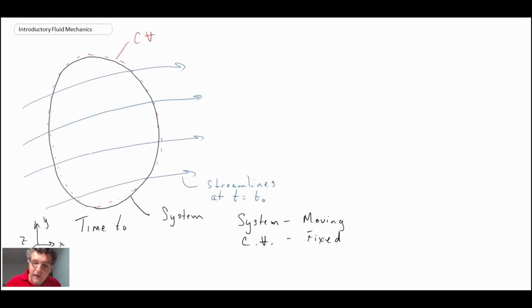Now we're going to redraw this at a later point in time, time t0 plus delta t. We want to see what has happened to the system and the control volume. We know the control volume is going to be fixed, but the system will have moved off to the right. So let's resketch that and take a look at what it looks like.